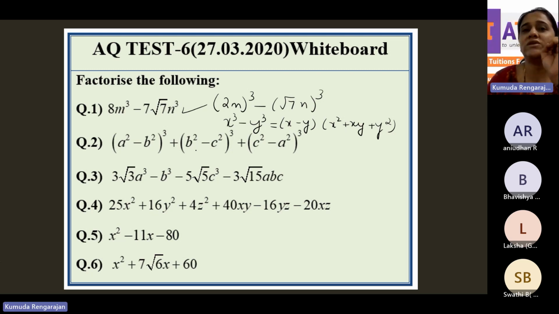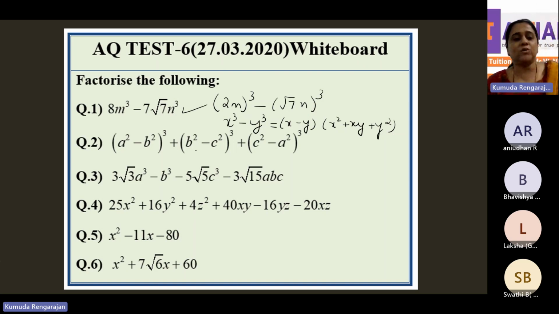So 24 is equal to 2 into 2 into 2 into 3. That's how we write 24 as a product of its prime factors.